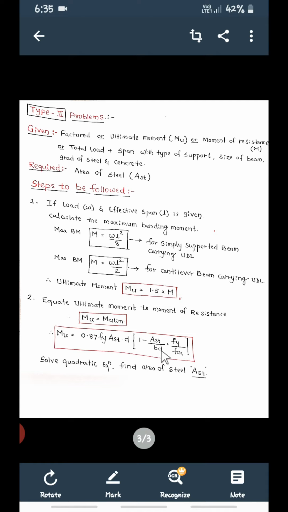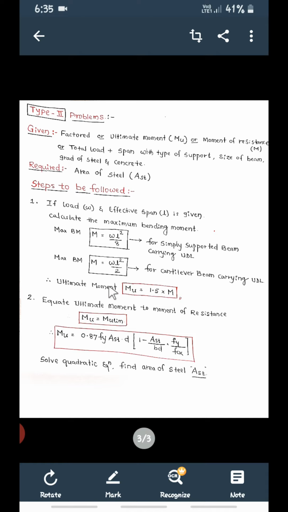After substitution we get a quadratic equation. Solve this quadratic equation and we get the area of steel required.